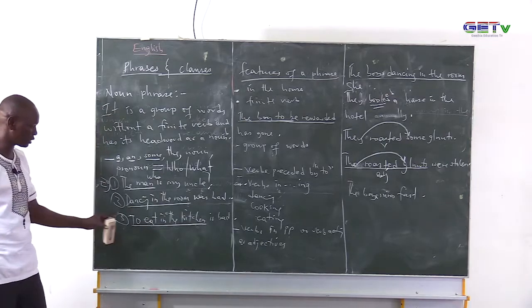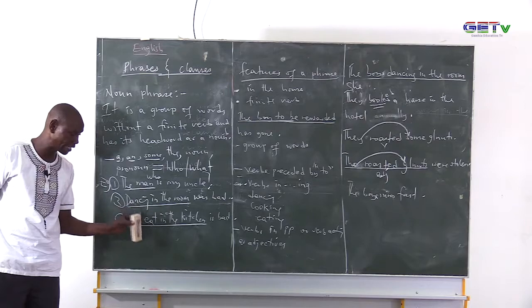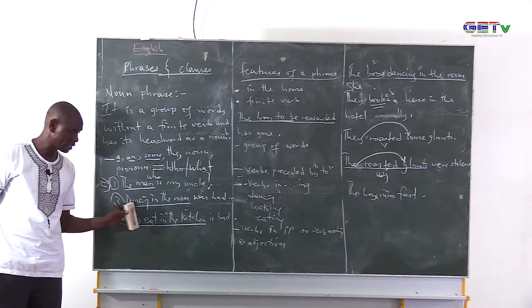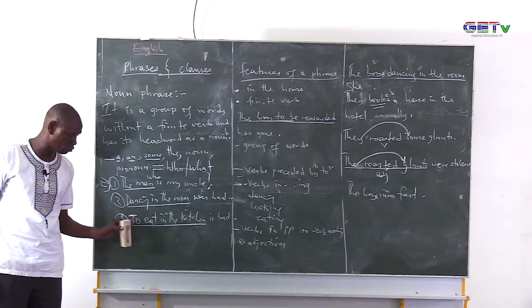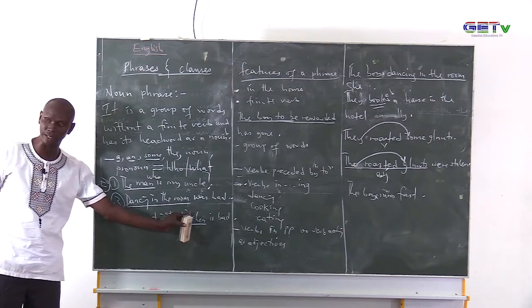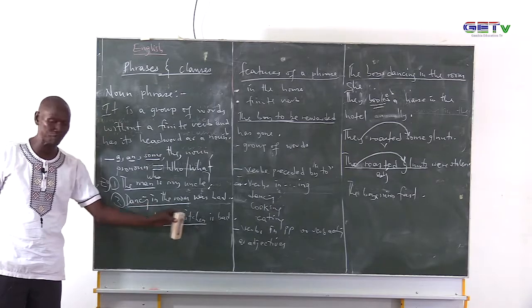Already we talked about non-finite verbs. By looking at these two, each of them has a non-finite verb. This is the gerund, this is the verb preceded by to. It's an infinitive. So, to eat in the kitchen is what is bad? To eat in the kitchen.